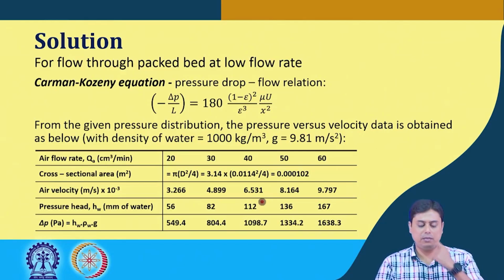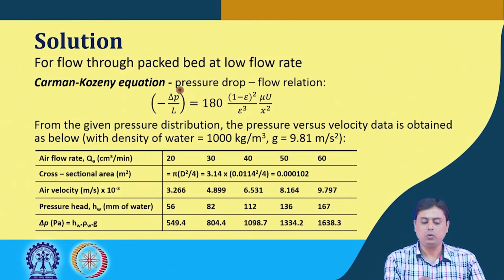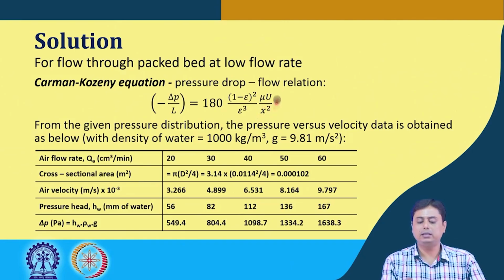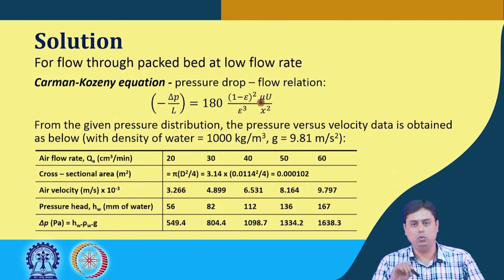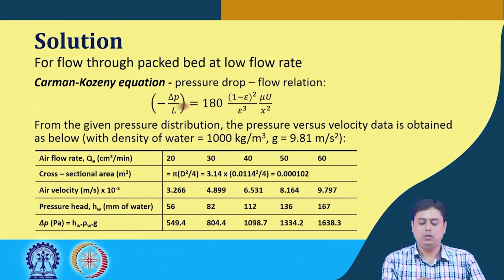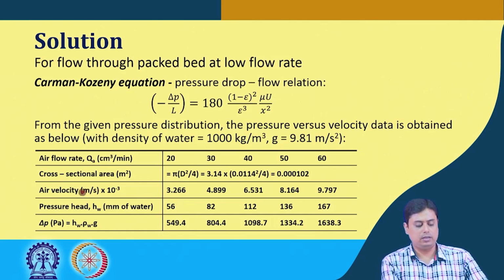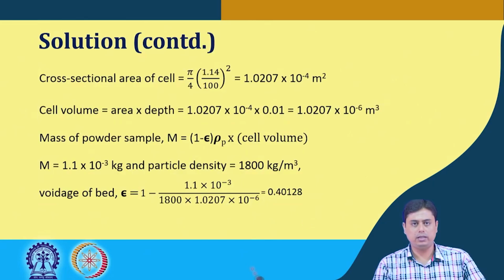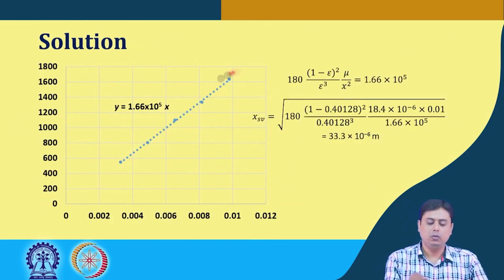So, now we know the epsilon. If we go back to this expression, we know del P, we know epsilon, we know mu, we have to calculate x for a given u. We have plotted del P versus u from this third row and the fifth row. If we plot this, we find that this is the expression y is equal to mx, where m is the slope.